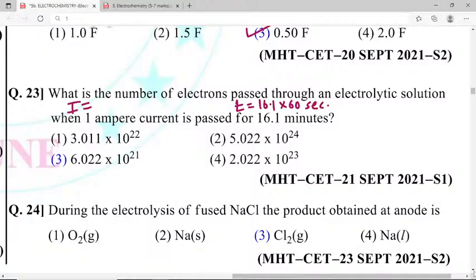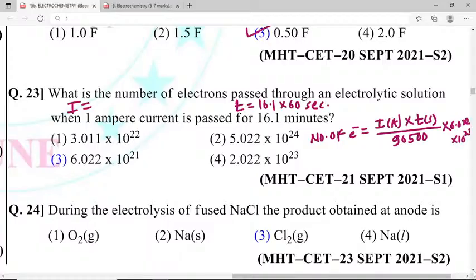Number of electrons is equal to current in ampere into time in seconds, this whole divided by 96500, and this whole multiplied by 6.022 x 10 to power 23, the Avogadro number. Substitute all these values, we will get the answer 6.022 x 10 to power 21.